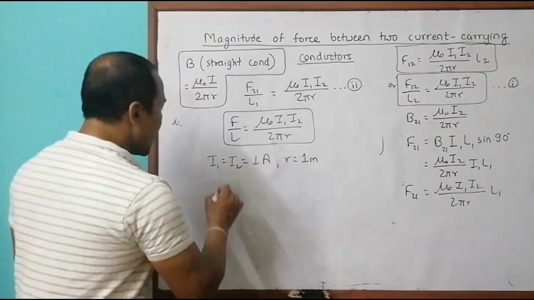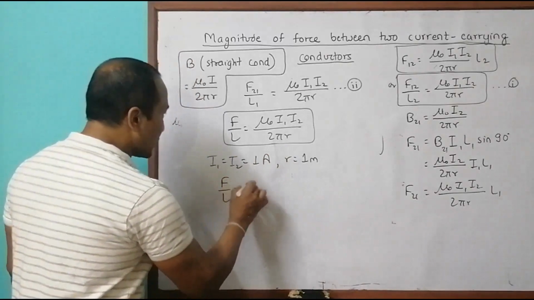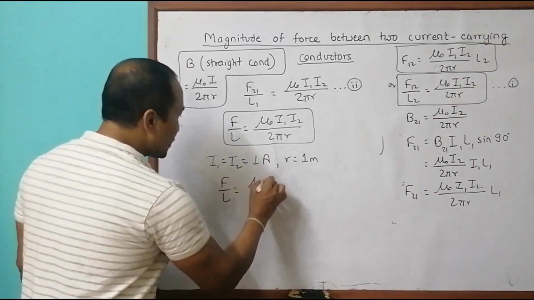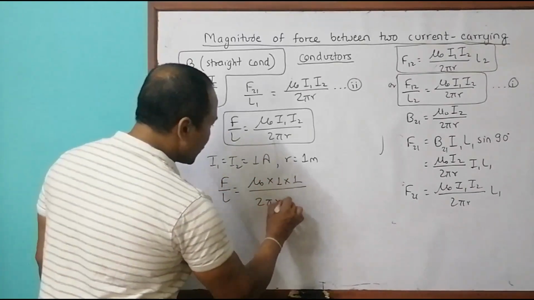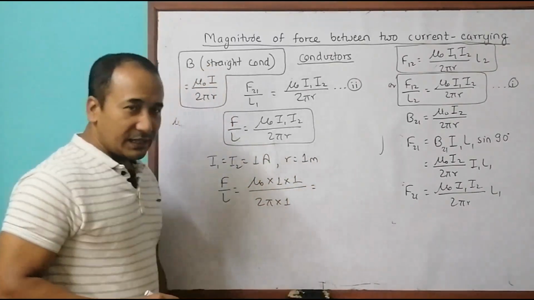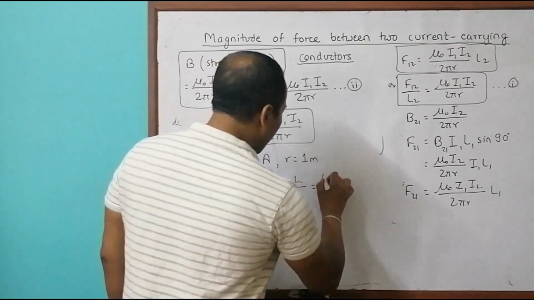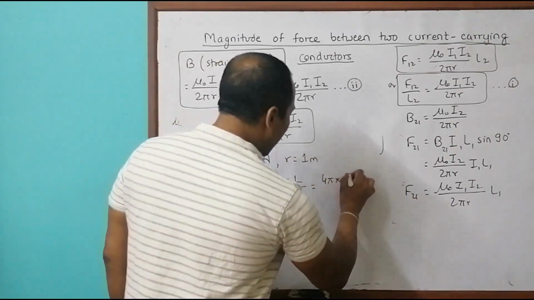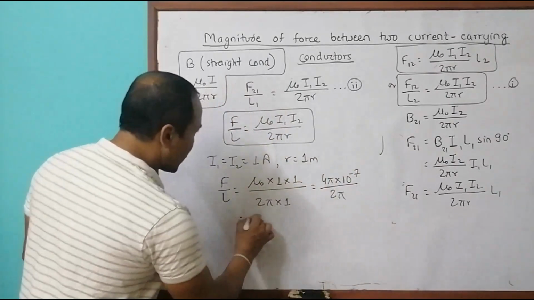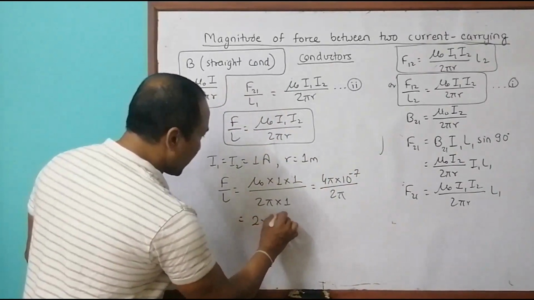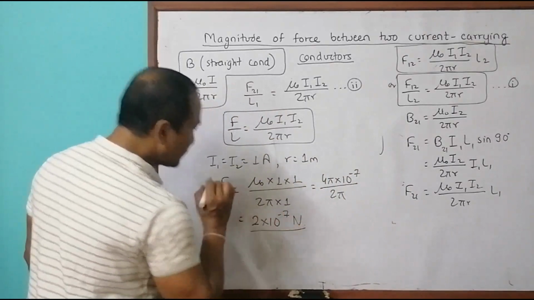So F by L will be equal to mu naught into 1 by 2 pi into 1. The standard value of mu naught in free space is 4 pi into 10 to the power minus 7, divided by 2 pi, so it will be 2 into 10 to the power minus 7 Newton.